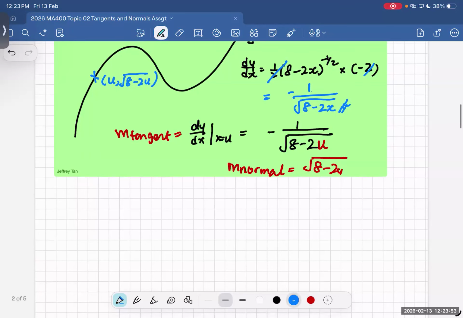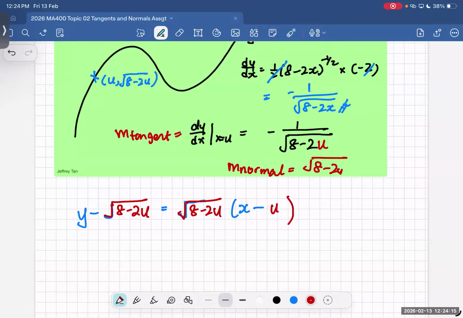Okay, y minus y1 equals gradient times x minus x1. I'm purposely putting all the inputs in red, so you can see my formula is there, but my inputs are x1, y1 and the gradient. I've not run away from our loyal original equation.